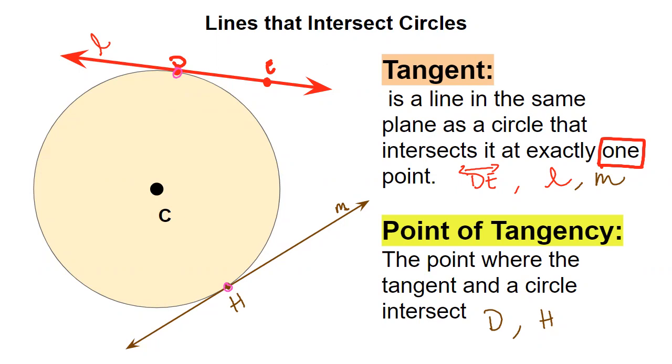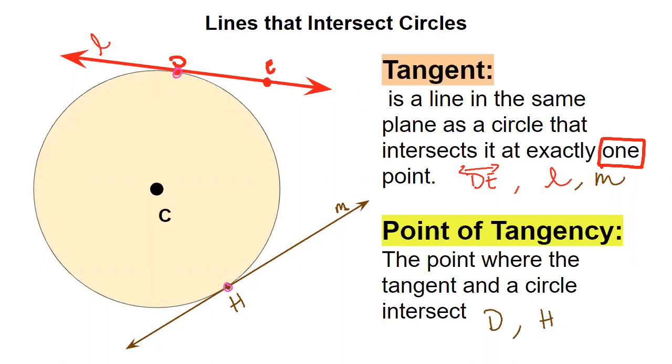All right, my question was, how is a tangent different from a secant? How can you tell the difference between those two items? Diego Zambrano, help me out here. How is a secant different from a tangent? Tangent only goes through one point.